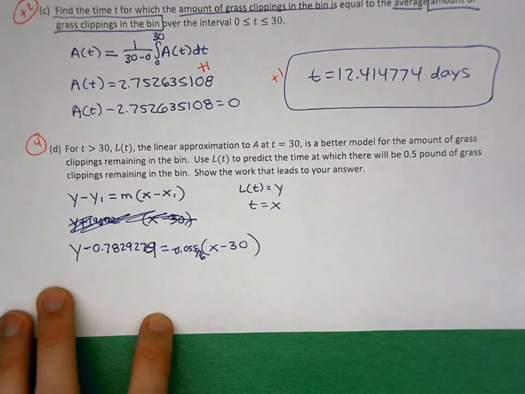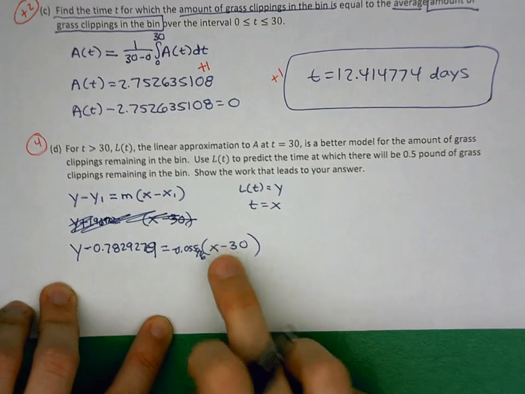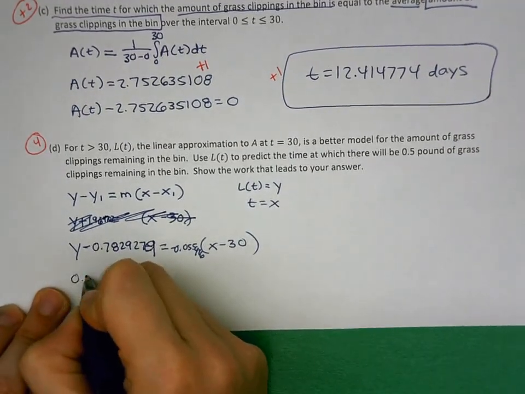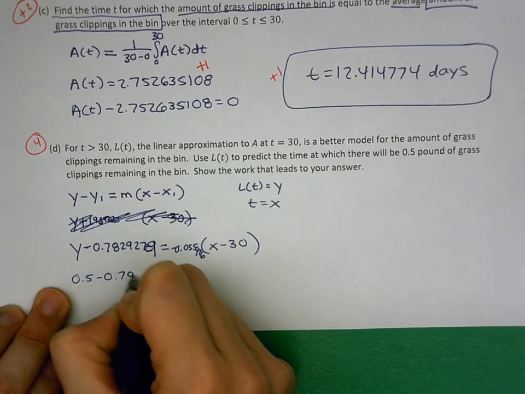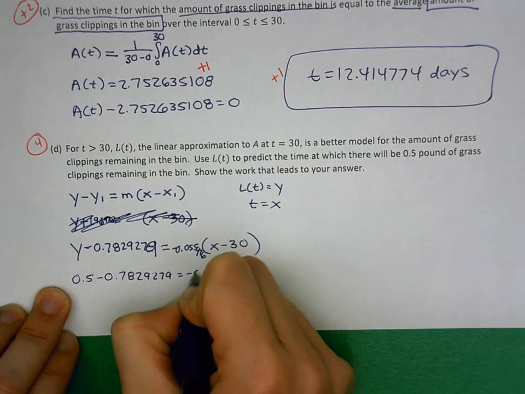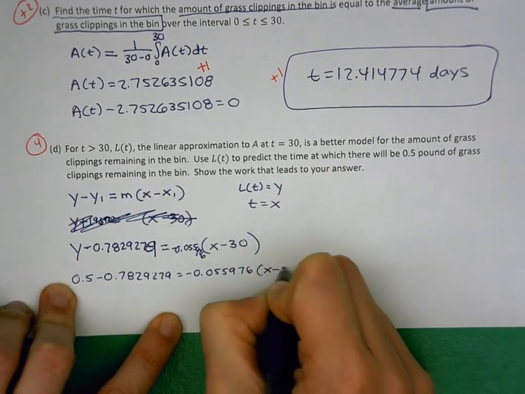Then use that to find out at what time t, so we're going to be solving for our x here, would we have 0.5 pounds of grass left over. So I'm plugging that 0.5 in here. Okay.